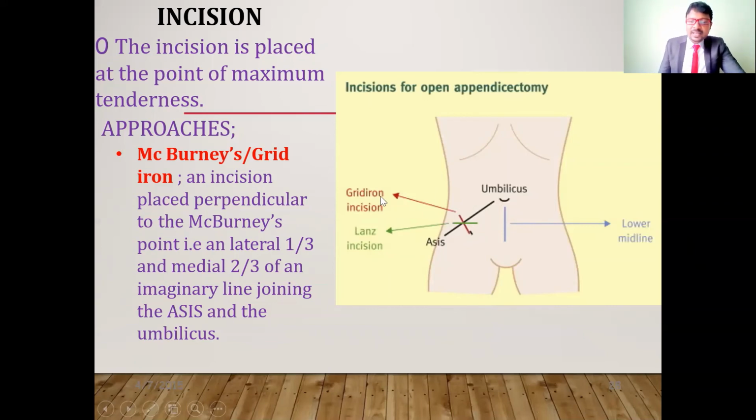First, the gridiron or McBurney point lies between the umbilicus and the anterior superior iliac spine, where the tenderness is greatest. The incision is placed perpendicular to the McBurney point, at the junction of the lateral one-third and medial two-thirds of the imaginary line joining the umbilicus to the anterior superior iliac spine.